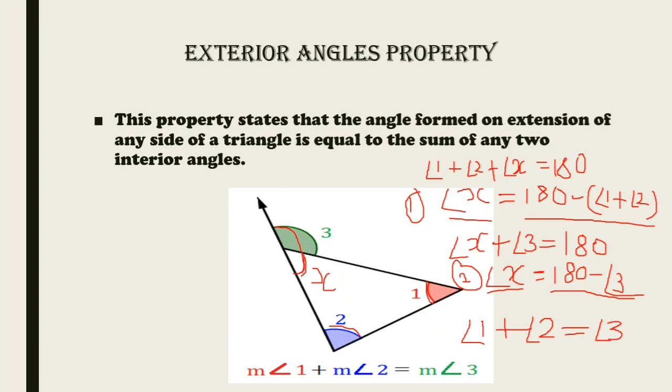So this is called the exterior angle property, where angle 3 is the exterior angle of the given triangle, and angle 1 and angle 2 are the remote interior angles of angle 3.